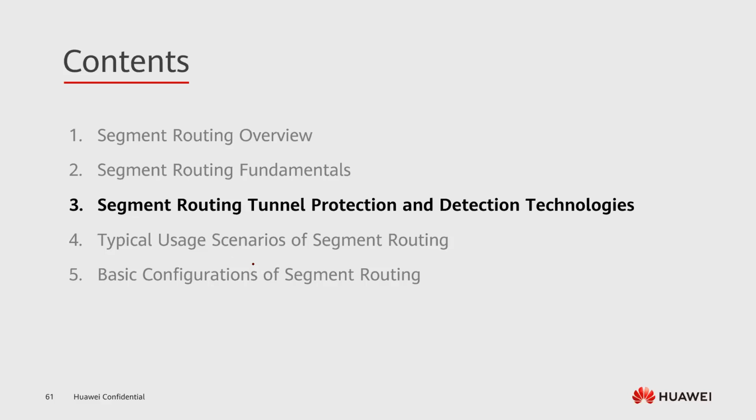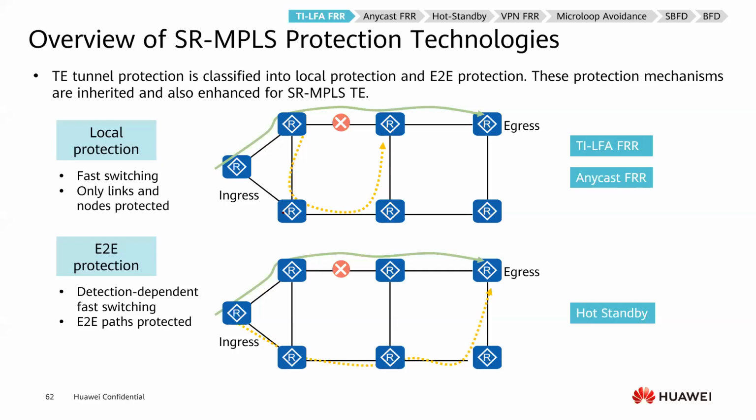Okay, so let's continue to talk about the protection and detection technology for the SR network. For SR, we have two types of protection here. First is local protection, another is end-to-end protection.